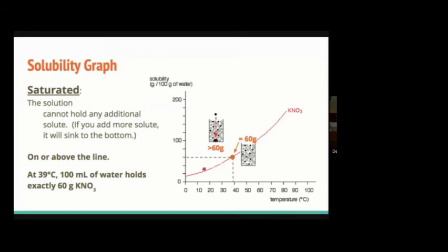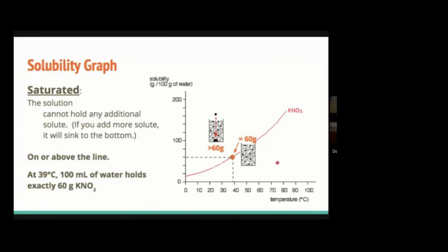So what the line represents on this graph is the exact tipping point where we say something is saturated. It's exactly saturated here. It's still saturated up here. The only difference is we can see the extra particles settling to the bottom.